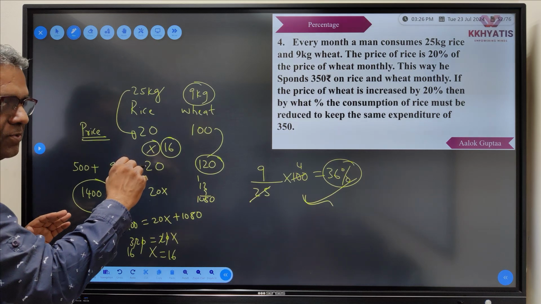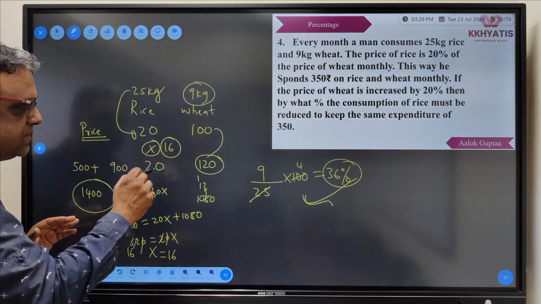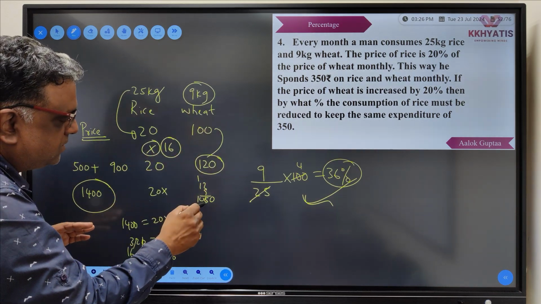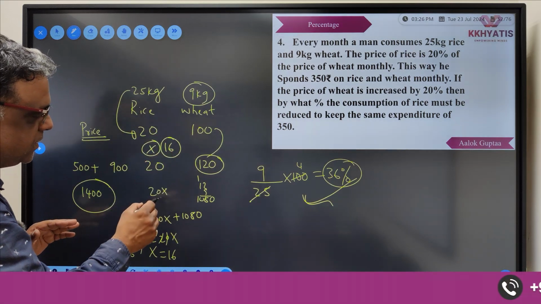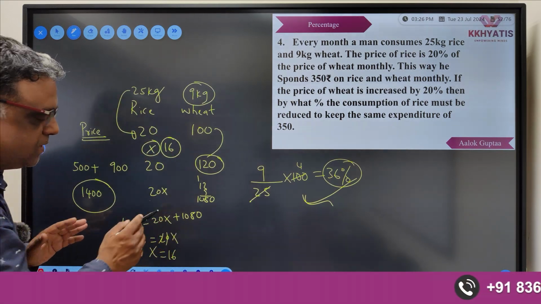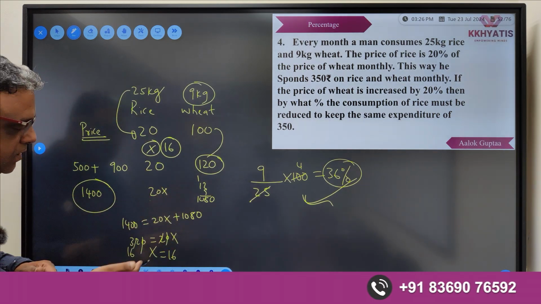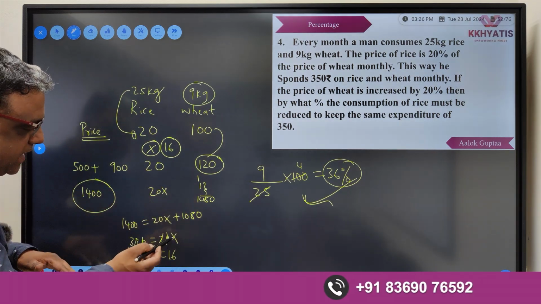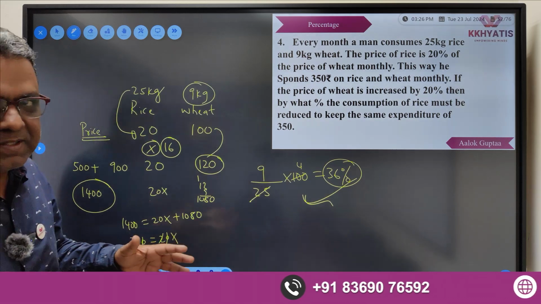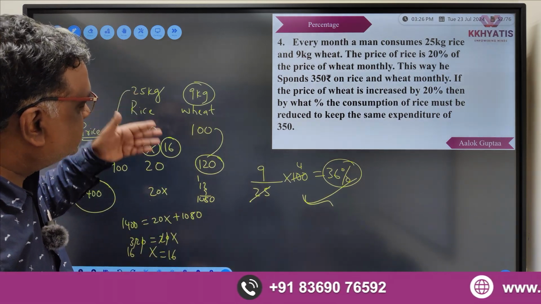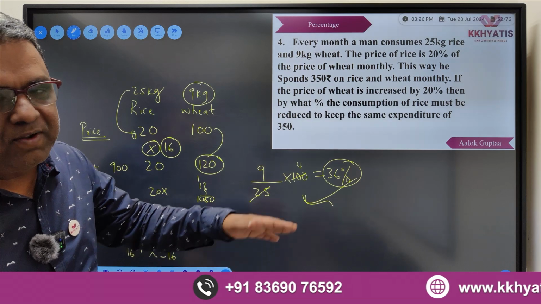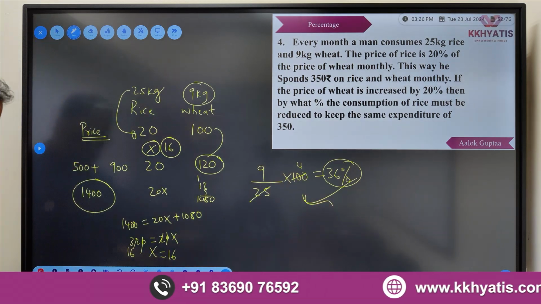We have to reduce the consumption of rice, which I assumed as x. So now the expenditure on wheat is 1080 and on rice it is 20x. Total expenditure is 1080 plus 20x, but I have to keep both expenditures the same. So when I keep both expenditures the same, my new consumption of rice comes to be 16. Earlier it was 25. It became 16, reduced by 9 over 25, which is 36%. Okay.